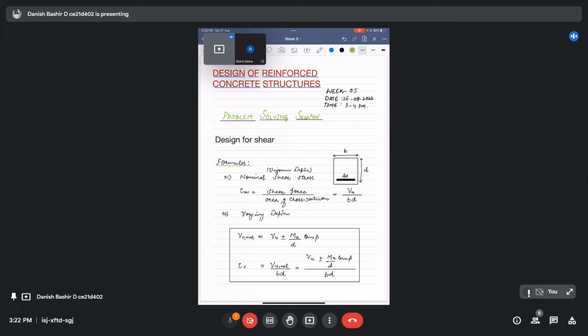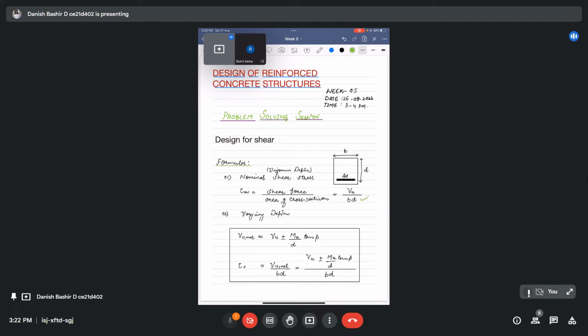So the formulas that we will require. First, nominal shear stress. We know nominal shear stress that comes on our beam section is the shear force applied over the area of cross section, Vu by bd. Now this is for those cross sections which are having uniform depth.